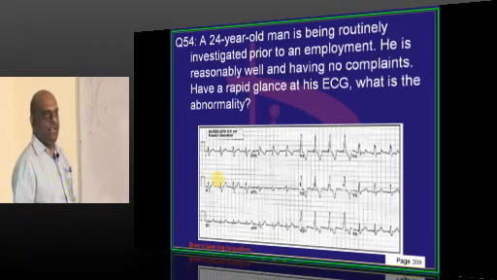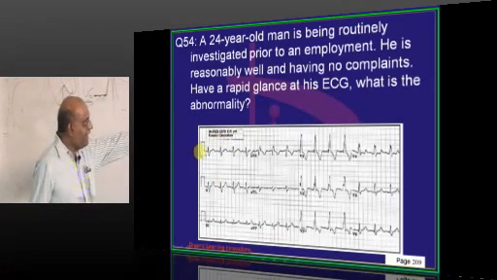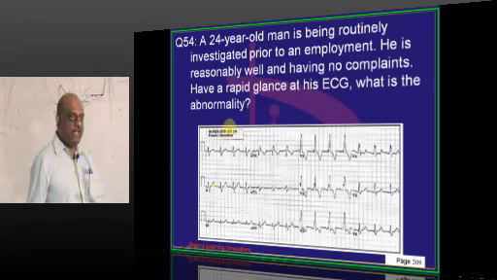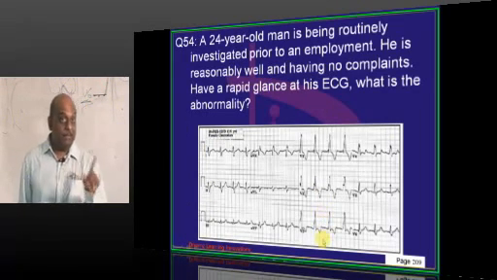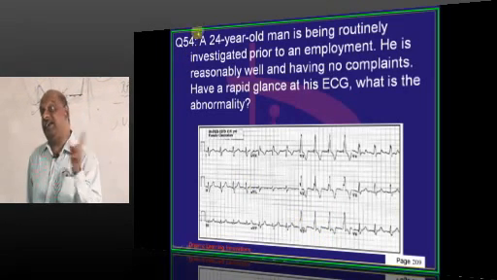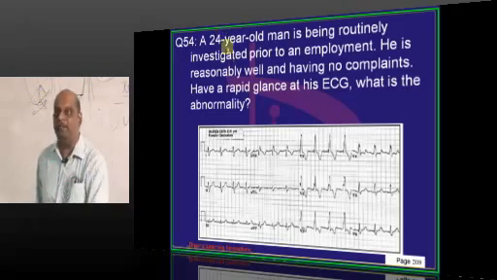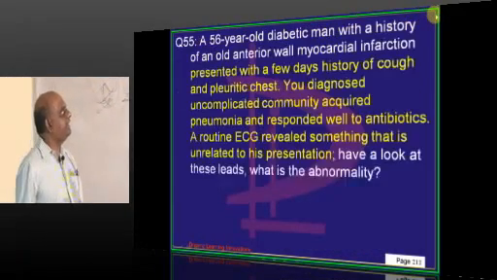But always be careful, don't forget to look at the axis. If left axis deviation is there and the right bundle branch block pattern is there, then what is the diagnosis? RBBB with LAFB, left anterior fascicular block, and that is the most common bifascicular block.